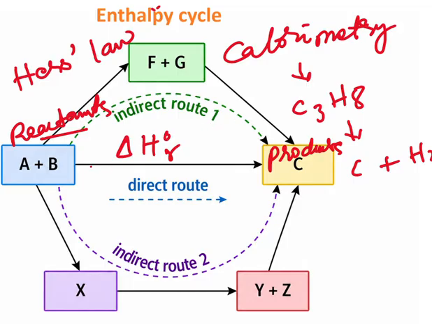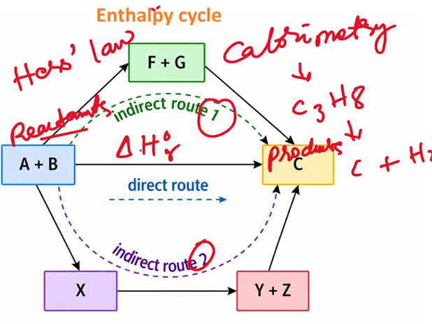The same reaction can form C indirectly, by indirect route 1 or indirect route 2. The product can be formed in two ways. Let us discuss indirect route 1.